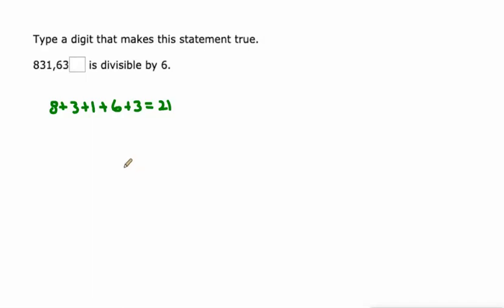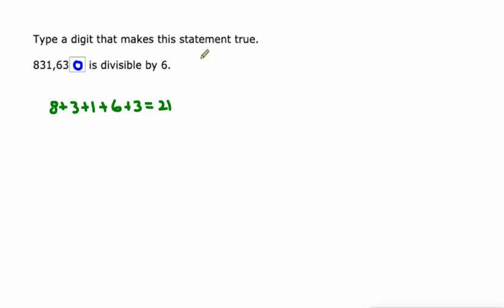Yeah, that's 21. So if we put a 0 in there, it would be even, and it would be divisible by 3 because 21 is divisible by 3. So we could go 0, because the sum of the digits would be divisible by 3. It'd still be 21, and it ends in an even number.